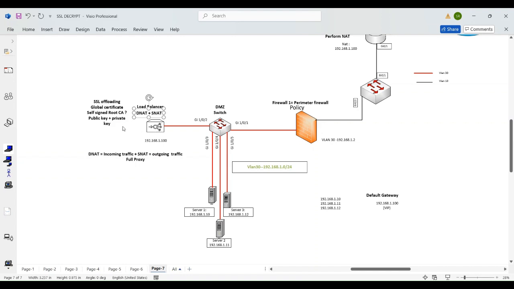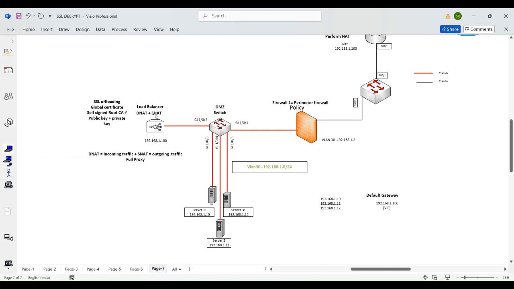We have about 9 or 10 trusted CAs listed on a list, so it has to be issued by one of the trusted CAs. Then this load balancer should have the certificate.